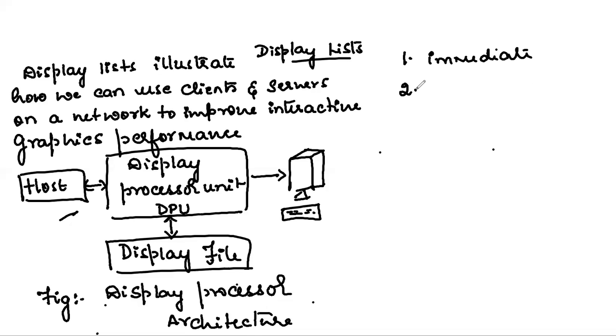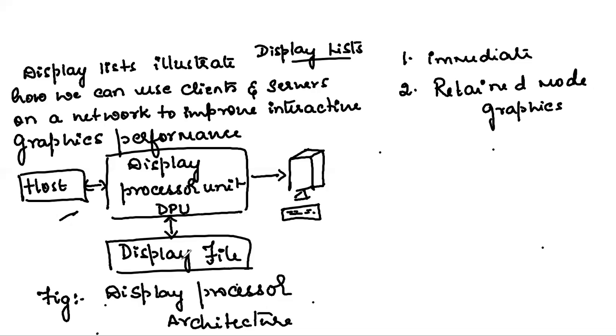The second method is called retained mode graphics. Here the object is defined once and its description is put on the display list, or the display file.